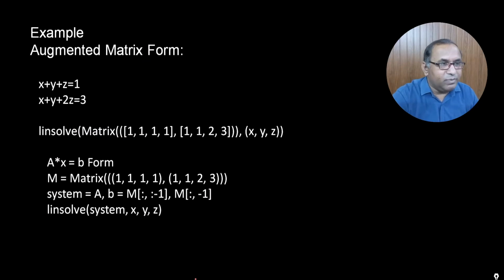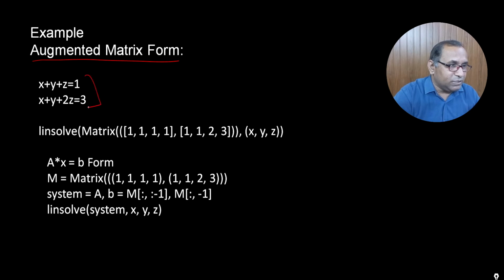Here we have one more example. If we have an augmented matrix form, we can use this form also, and this is also quite simple. First we need to reduce these two equations to the matrix form. You can see from this place to this place, this is the matrix form of the above equations.